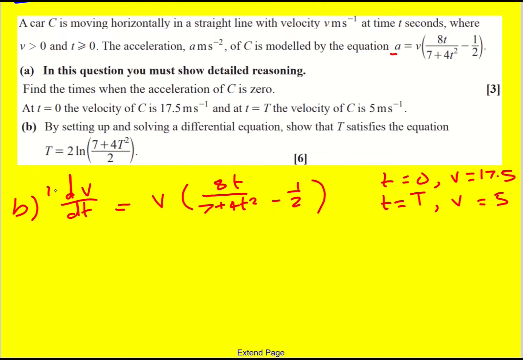So I can divide through by v, or multiply by 1 over v, get it onto the left and away from the right. And then you've got a couple of choices. You might be somebody who times both sides by dt and then sticks an integral sign around it. Me, I like to say I'm integrating both sides with respect to t.